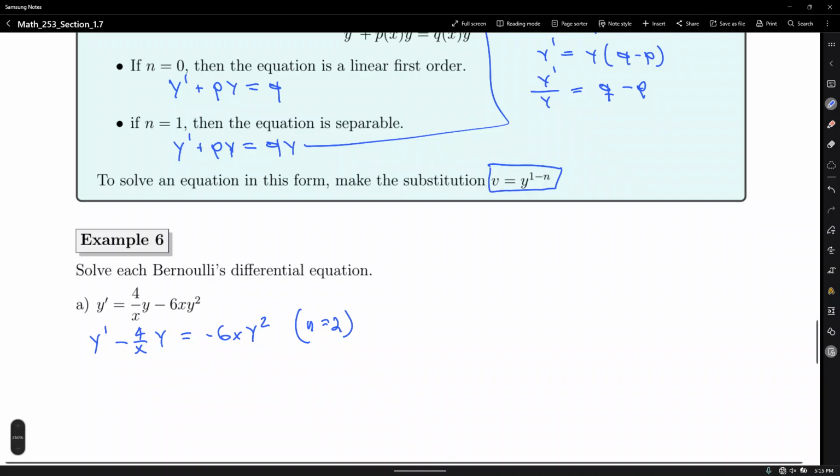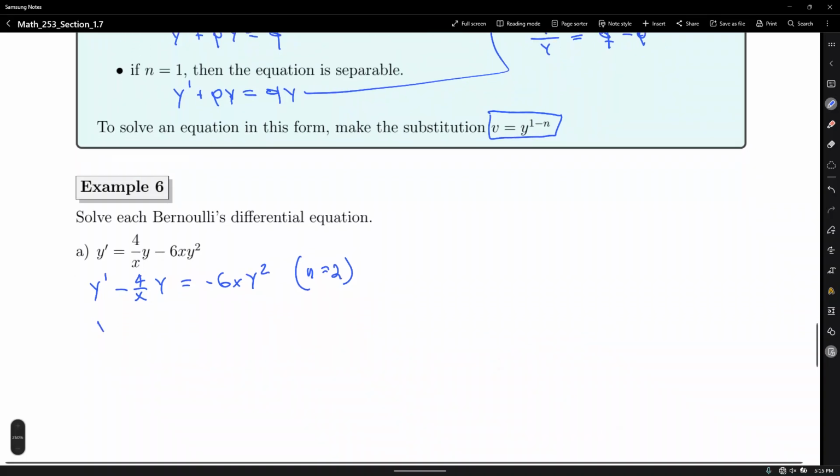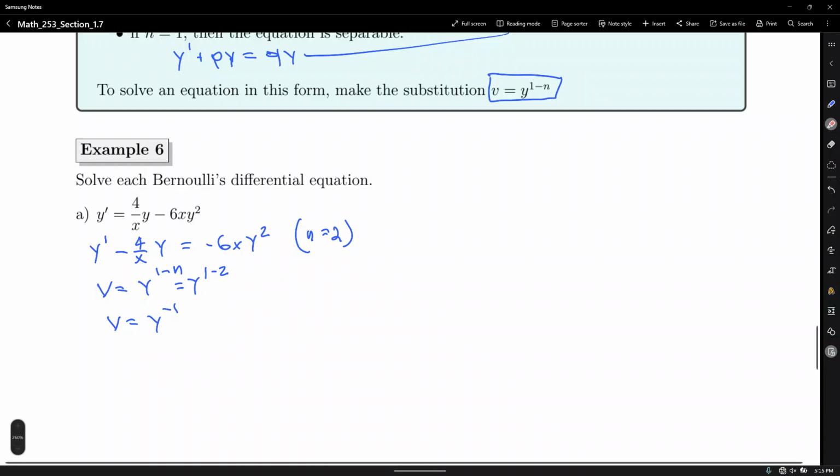Using the substitution v equals y to the 1 minus n power, this will be y to the 1 minus 2, which is v equals y to the negative 1. Let me highlight this because we're going to get back to that later.